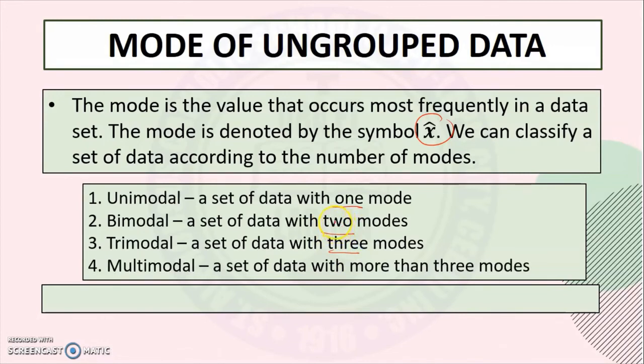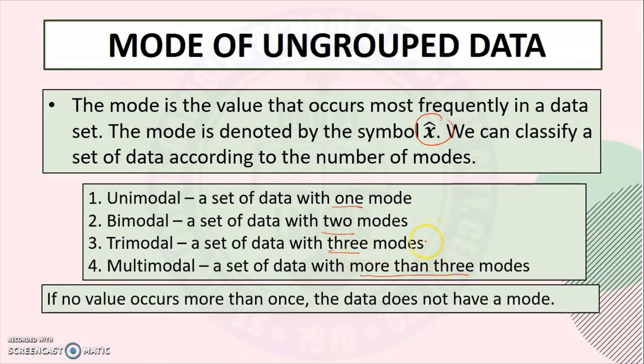And the last one is multimodal, which is a set of data with more than three modes. And if no value occurs more than once, the data does not have a mode. So there are instances that the given set of data has modes and doesn't have modes.